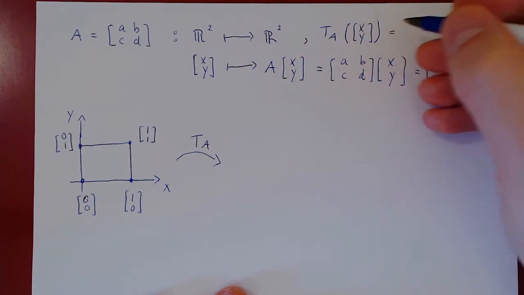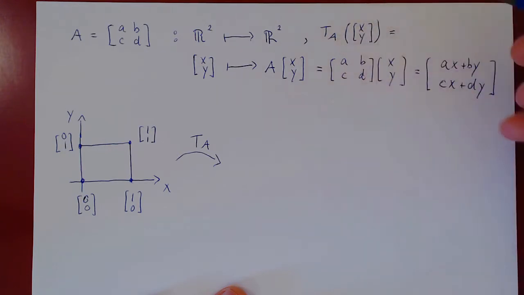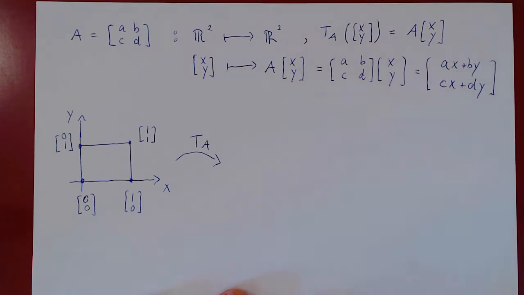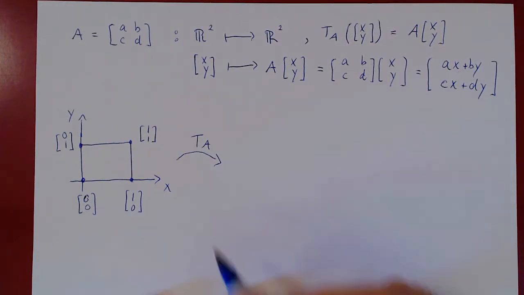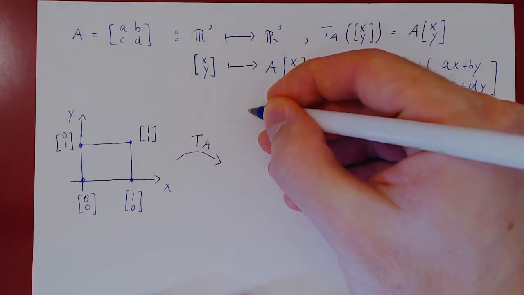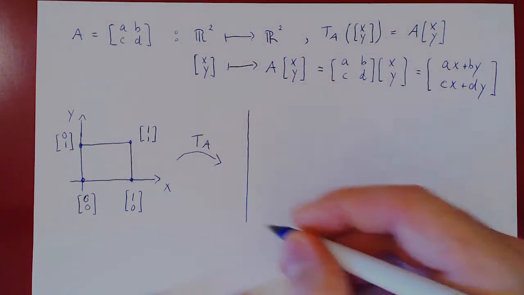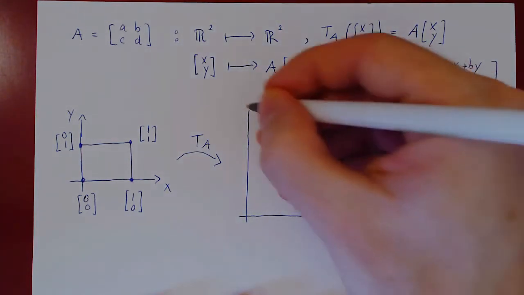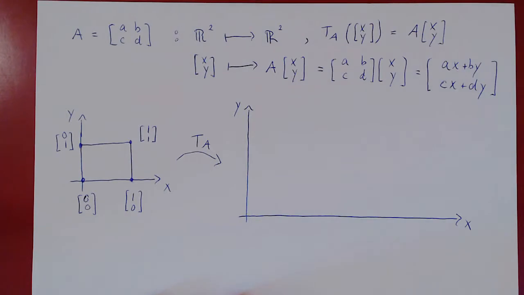Well, simply, we multiply the point by the matrix A. So now we're saying, well, let's do this. Let's multiply every point of the unit square by the matrix A. And we'll have a new object.